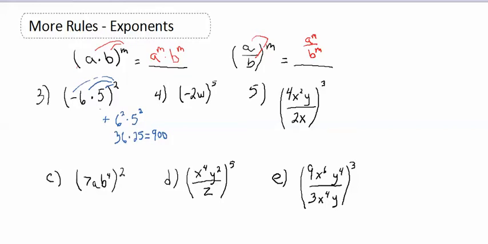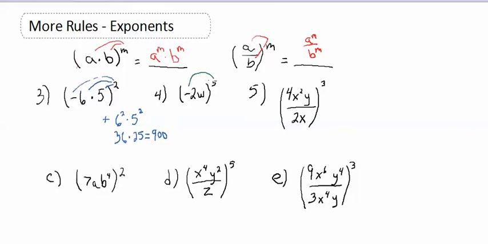I do realize that some of you can recognize that you could also multiply negative 6 times 5 to get negative 30 and then square that, and you get the same answer. But using the exponent rules, we distribute the exponent of 2 to all that's inside there and then multiply those two answers together. But both ways work.